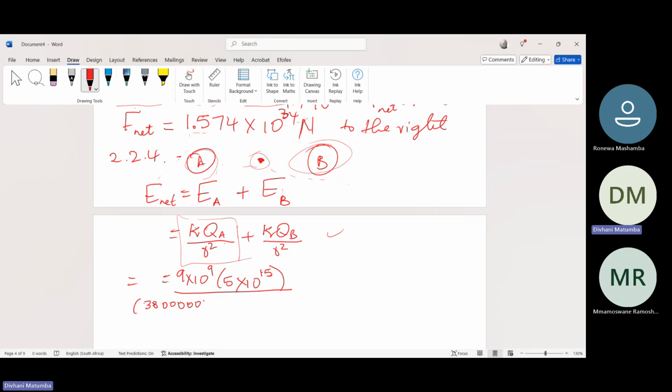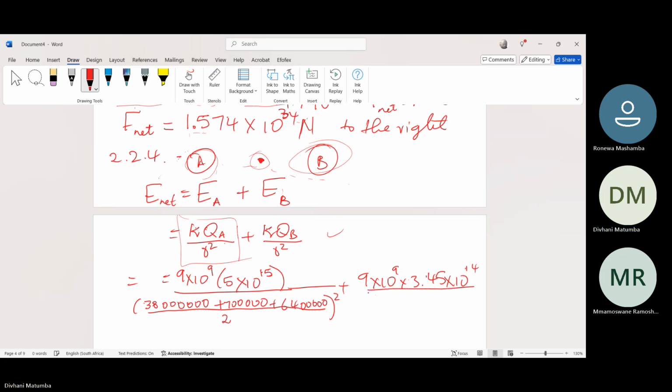It will be the same as the previous one, however, because it's halfway, we will divide it by 2. 10 squared, plus 9 times 10 to the power of 9 times 3.45 times 10 to the power of 14, divided by, again, the distance will be the same.